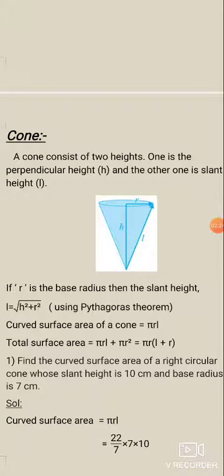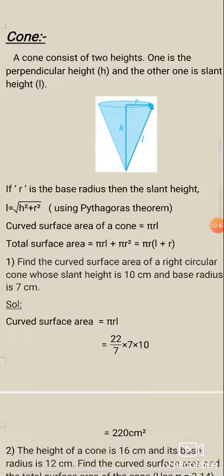So the curved surface area is equal to pi r L. Now substitute. Pi value 22 by 7 into radius 7 into L, slant height 10. Now 7 and 7 are cancelled. 22 into 10 is equal to 220 centimeter square, which is the curved surface area.